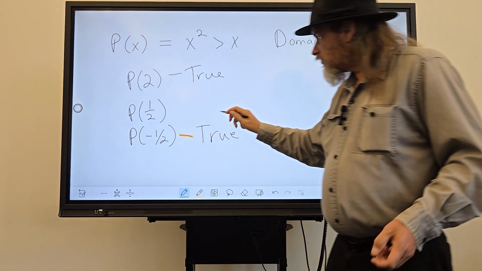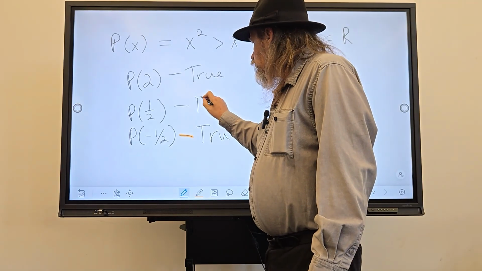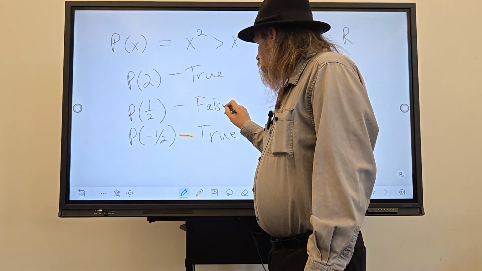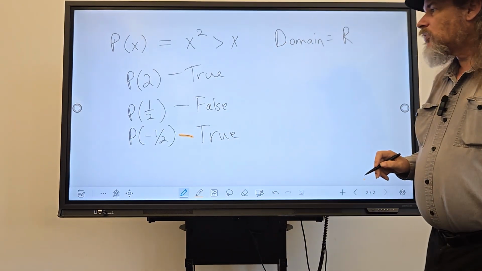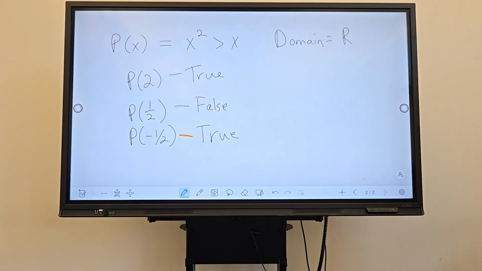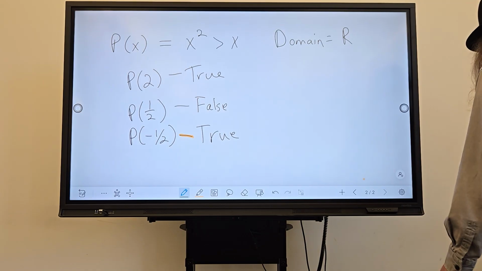But this one is false, because 1/2 is greater than the square, which is 1/4. Okay?